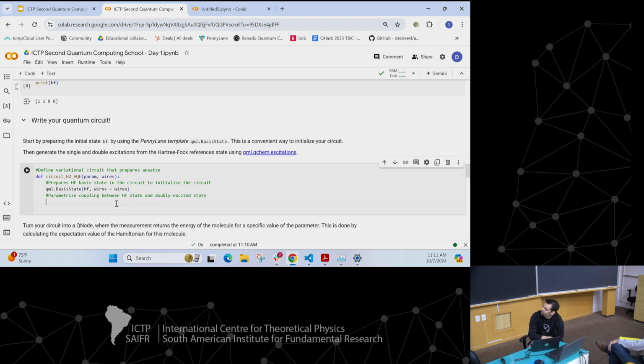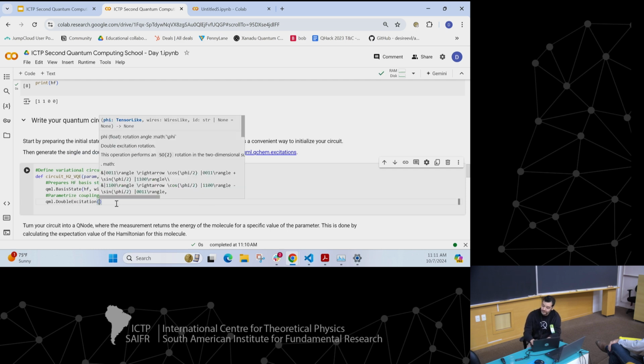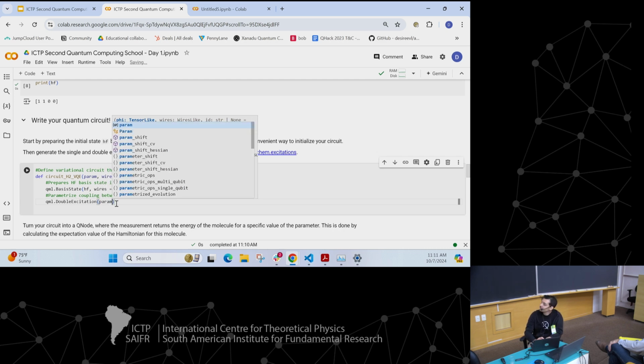Next, we're going to build our ansatz, so try to improve on this Hartree-Fock state. Because of symmetries in the H2 molecule, we'll actually only need one excitation gate, namely one double excitation gate. This double excitation gate, remember, has to depend on some kind of parameter, which is one of the inputs to our circuit.